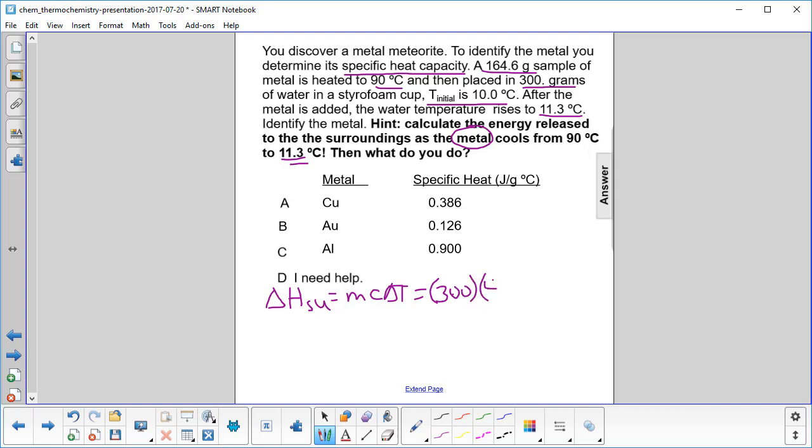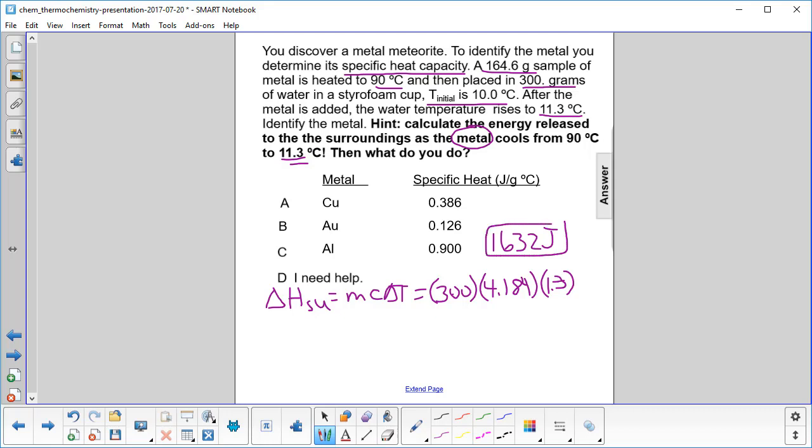C for water is 4.184. And delta T is going to be 11.3 minus 10, which is 1.3. You multiply that out, and you get energy released to the water is 1632 joules. So we're going to put that up here in a little box.